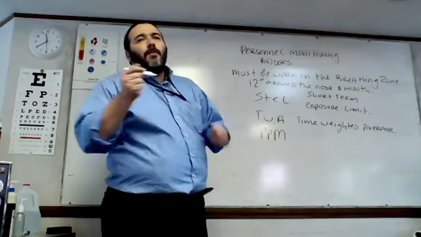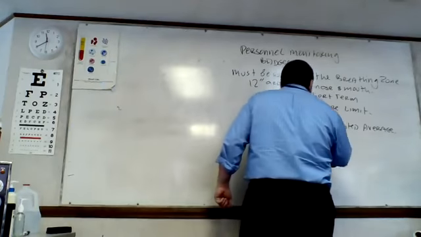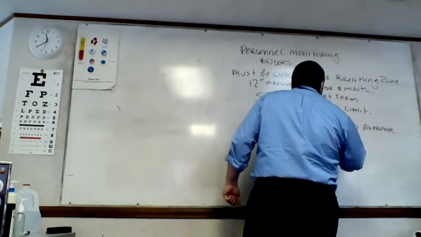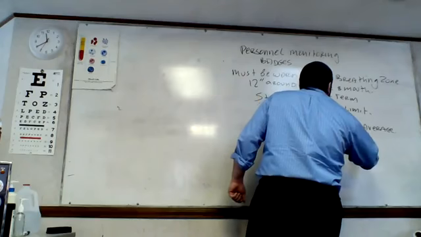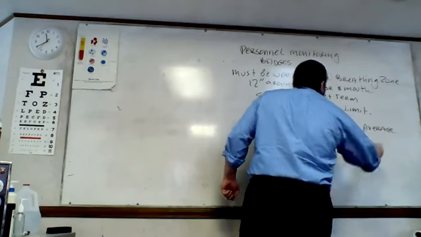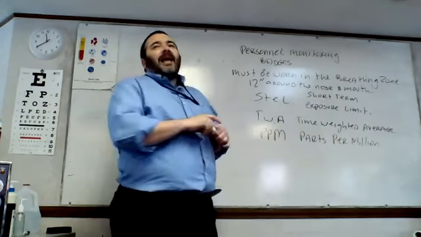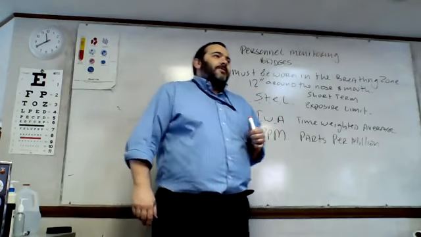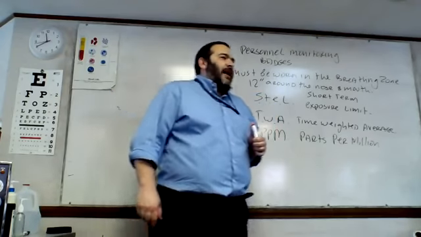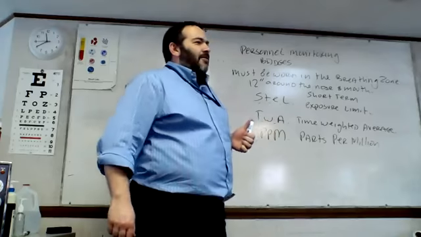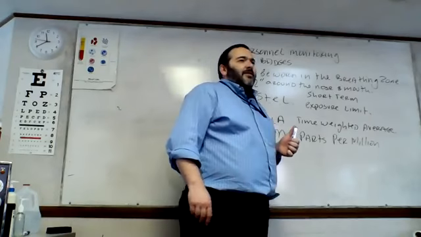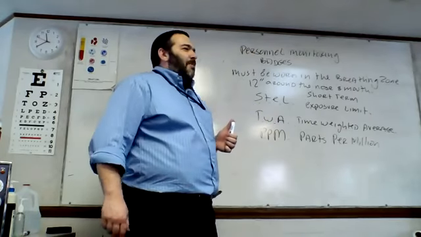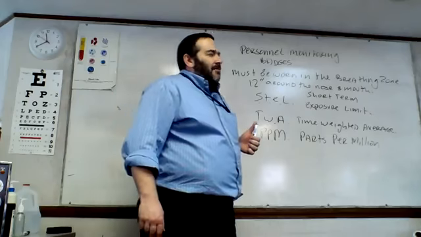ppm stands for parts per million. Parts per million is a unit of measure, like a pound. How many pounds per dollar can you buy? It used to be for $1 you can buy a couple of pounds of bananas. Sometimes you still can.